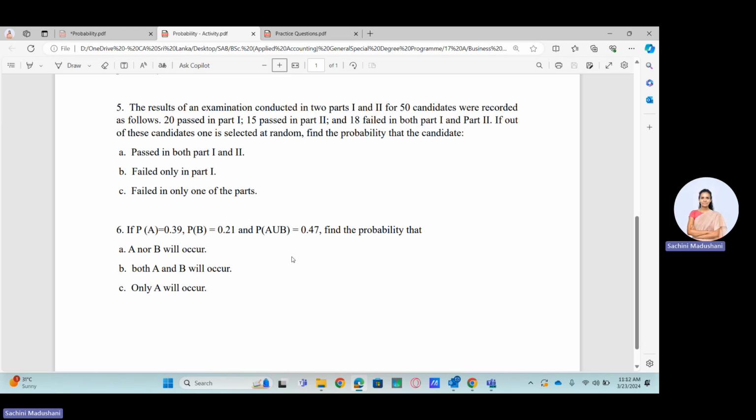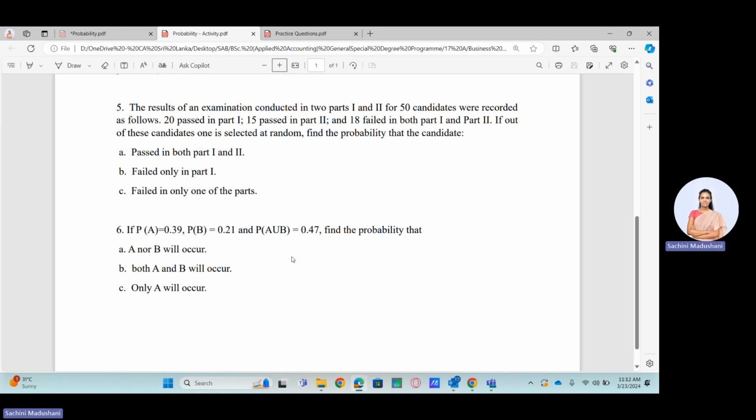Now "or" is clear. "Or" means union. A will occur, B will occur, or both will occur.